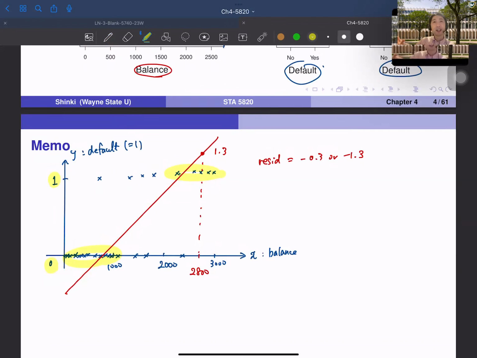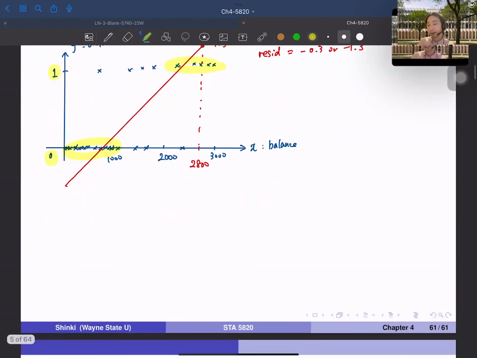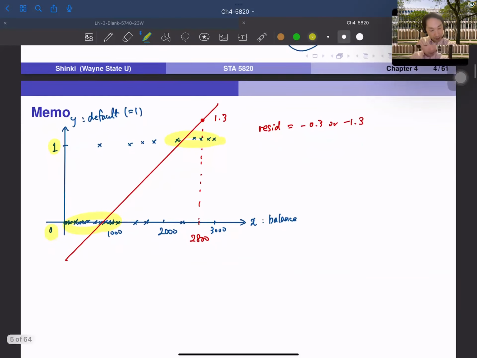If we have 3 categories, for example the blood types A, B, AB and O, we may not be able to order those 4 categories, or just the horse, the deer, and the giraffe. We cannot really order those animals, but if only 2, we can always order. So in some sense, it's easier to deal with. But we need something more than linear regression.